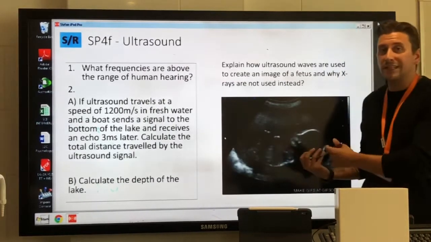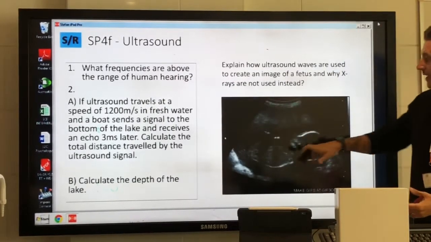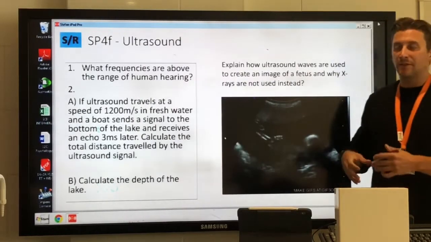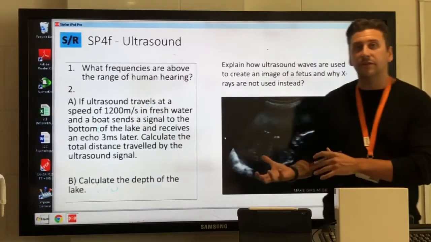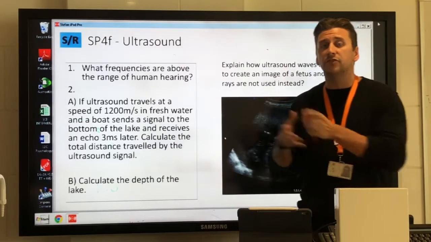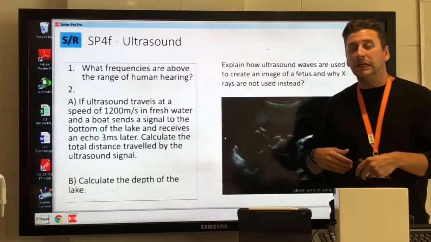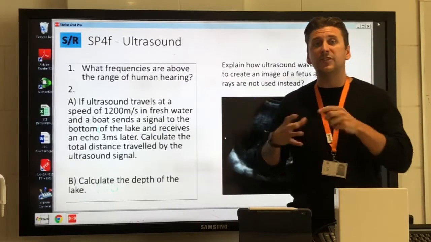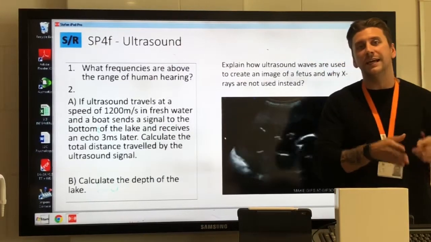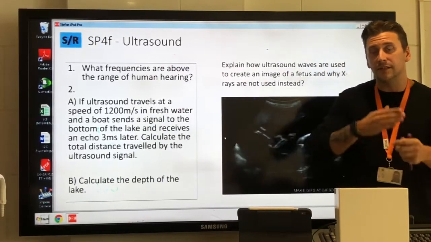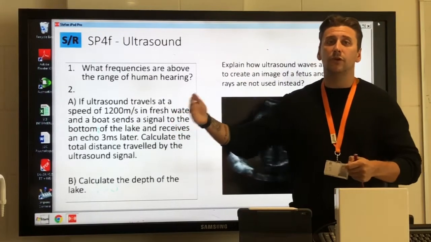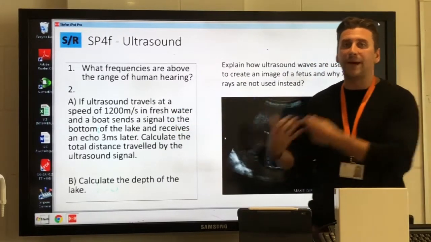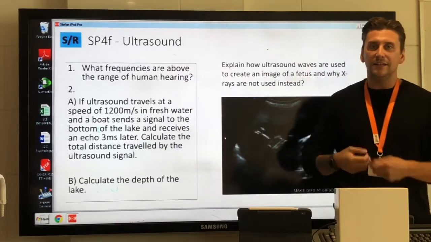Now, the reason that we have that, and then the parts on the outside which are black, the only reason we can see that image of the fetus is because ultrasound has obviously travelled through the skin, the womb, through the tissue, the fat, muscle, and what's happened, it's been transmitted through all of those boundaries, reflected by the fetus, and then travelled back through those boundaries again, and then back into the ultrasound scanner, so we can create an image.